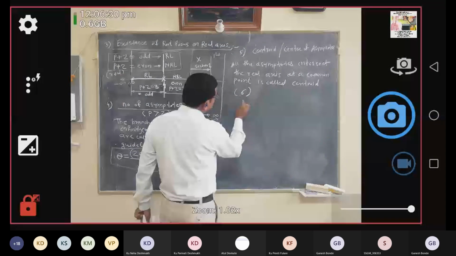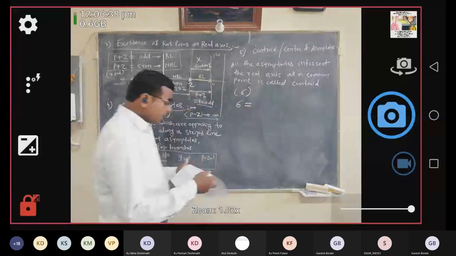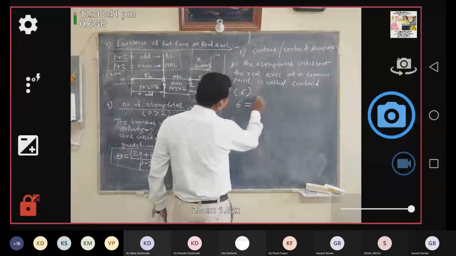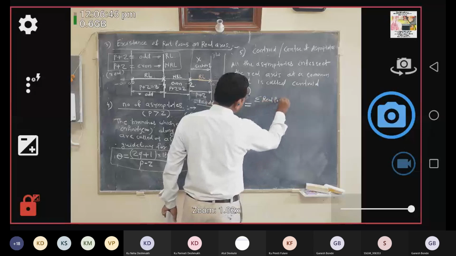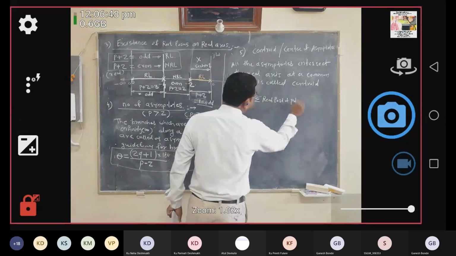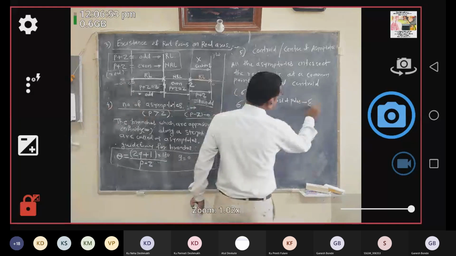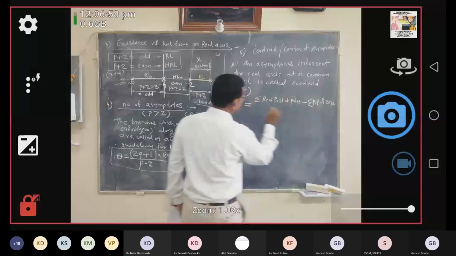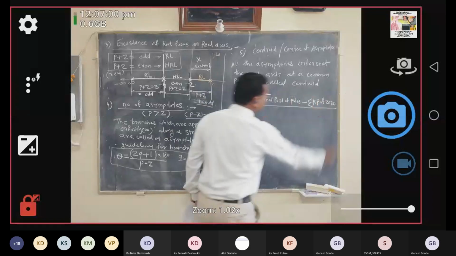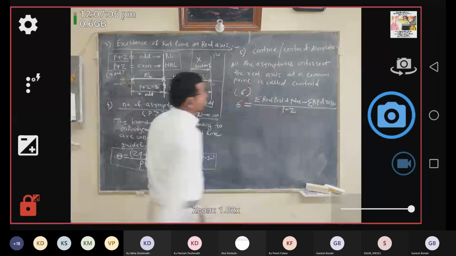The empirical formula for sigma is given by sigma equals summation of real part of poles minus summation of real part of zeros, upon P minus Z. So this is the expression.